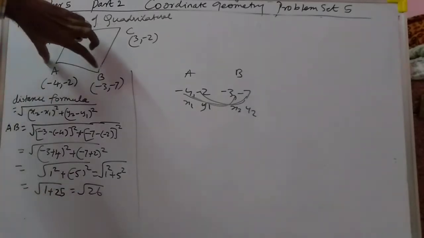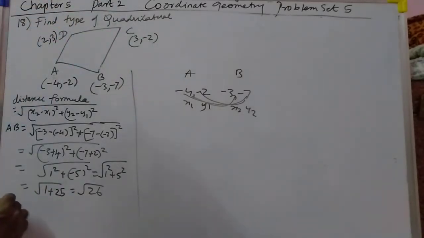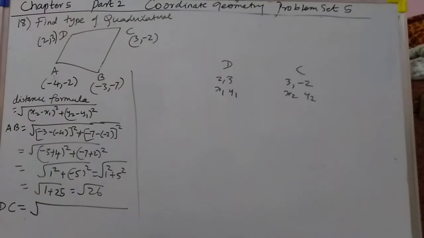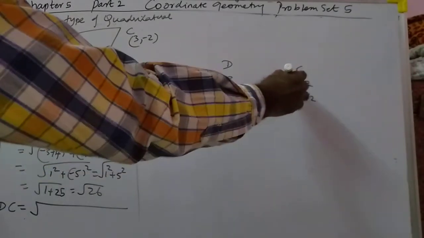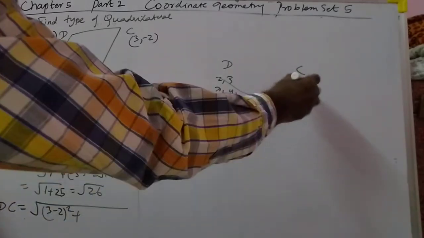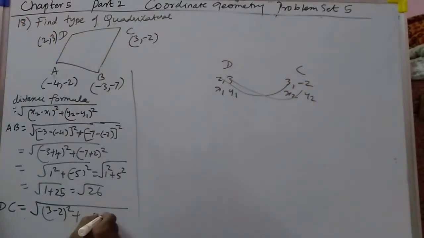Okay. Now let us calculate DC. ओके, DC का कैलकुलेट करते हैं. तो बनेगा 3 minus 2 and it will become -2 minus 3 the whole square. Okay.